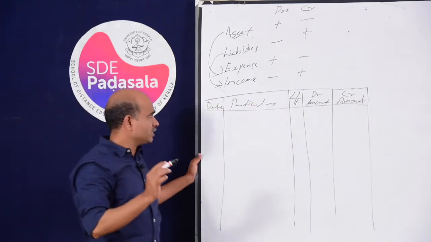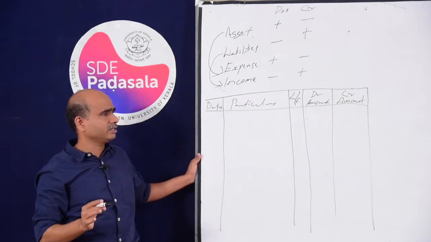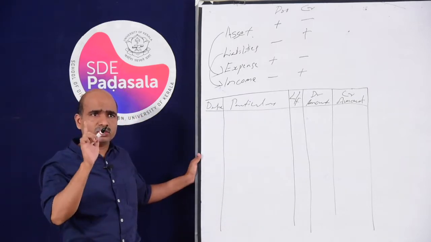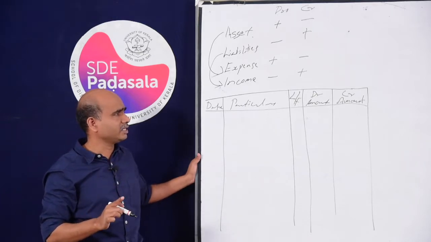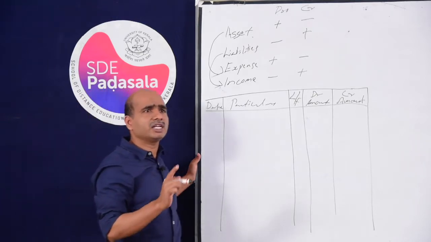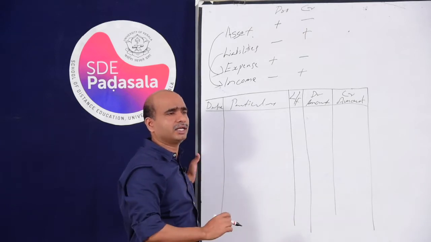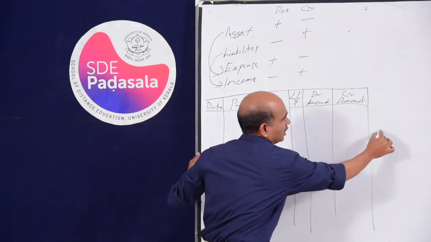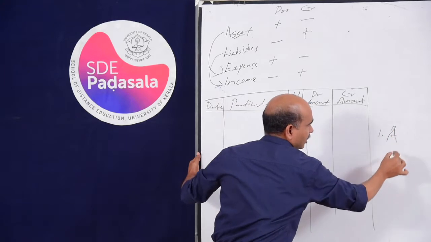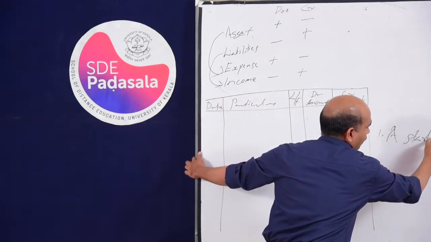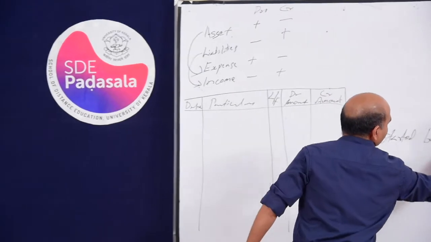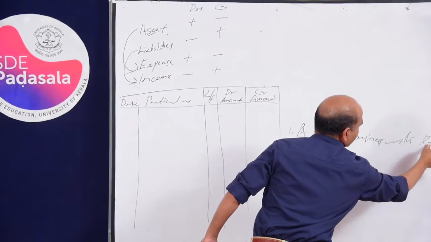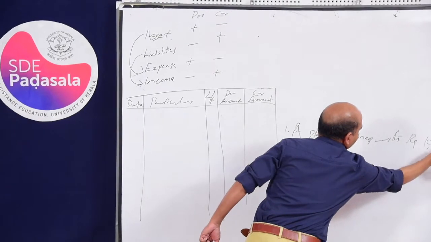When a business starts with cash, there should be two items. One item is capital and the other item is cash. A started business with rupees 1 lakh. First transaction: A started business with rupees 1 lakh.